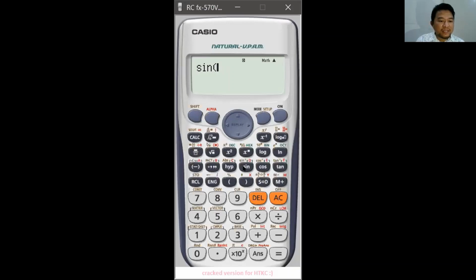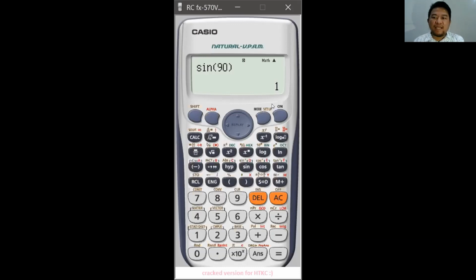And we try out sine 90. That is, if we throw a projectile at 90 degrees with respect to the horizontal, what do you think will happen? Let's check. There. So for maximum height to be reached, the angle at which you throw a projectile would be 90 degrees with the horizontal.